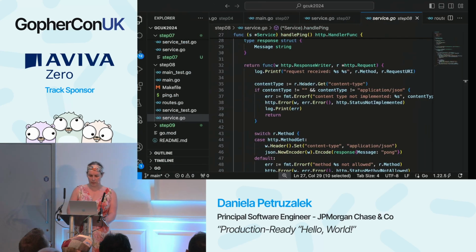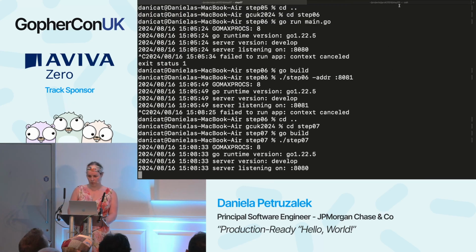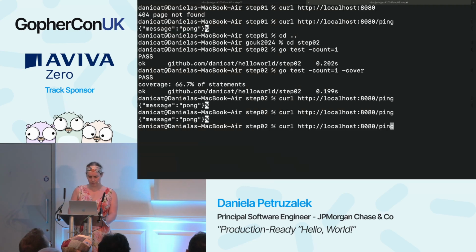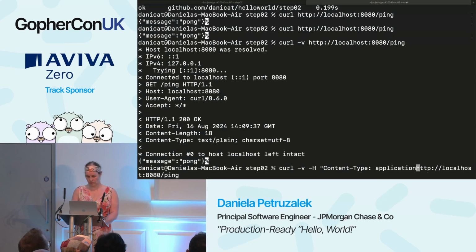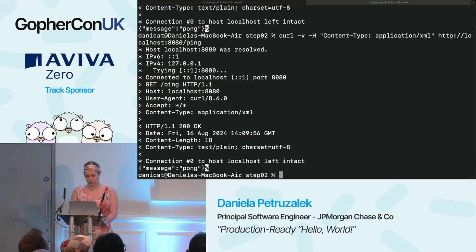We can see that if I query the previous version of ping, I'm just getting a content type of text plain because I didn't specify anything. And if I say I want a header content type application XML, for example, it completely ignores it.